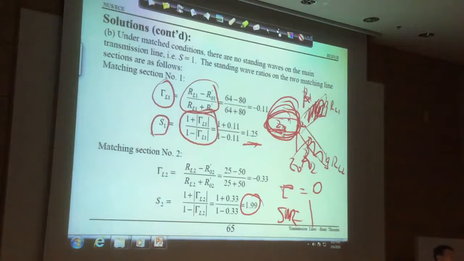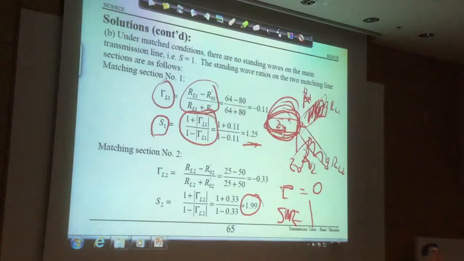Okay. So that's all for this chapter, not for today. Smith chart. Just now one student mentioned Smith chart. Smith chart is more for reference for this module.